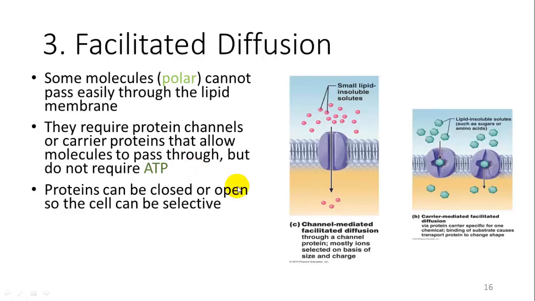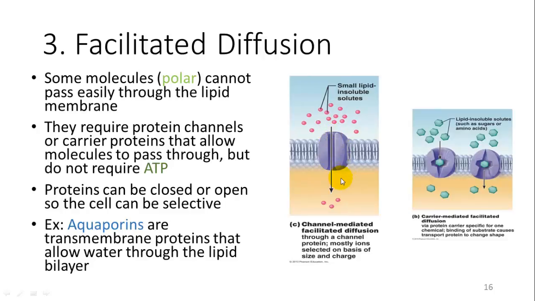Again, it doesn't require ATP, but they wouldn't go through that semi-permeable membrane without the channel. These channels can also be controlled by opening and closing them, or they can be selective. So aquaporins are an example of a channel that allows water in or out of a cell. And so water flowing through an aquaporin is going to occur by facilitated diffusion.